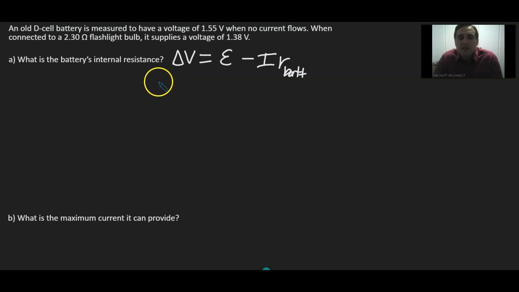And then the other equation we should probably use is the fact that the current in the circuit is equal to the voltage difference that's available to the resistor load divided by the resistor load.